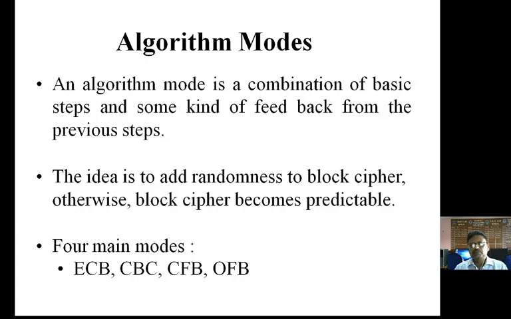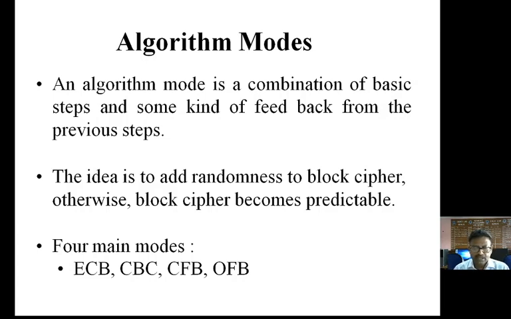So we do some combination of steps, and we take the feedback from the previous step so that the ciphers being produced are different and not recognizable by the attacker. We have 4 different modes in which we work. One is electronic codebook, that is ECB.